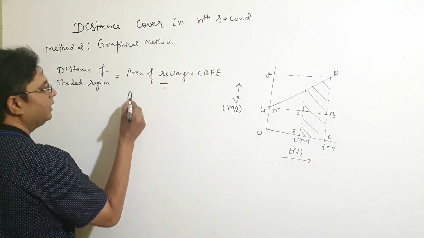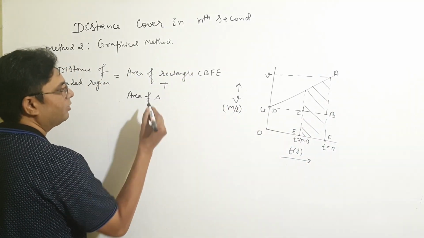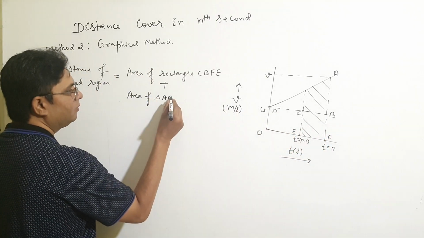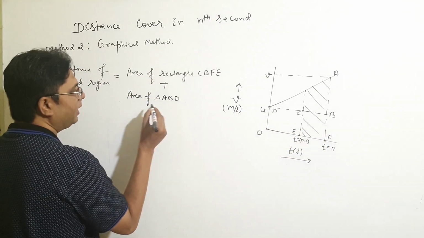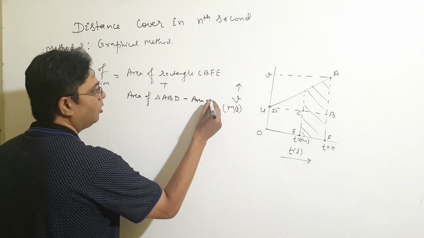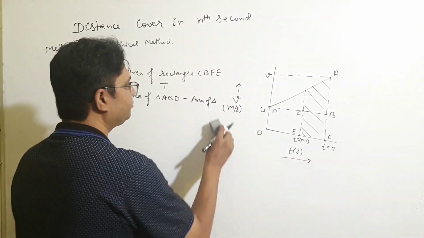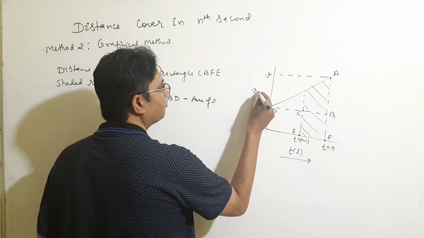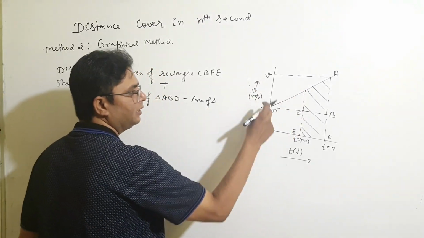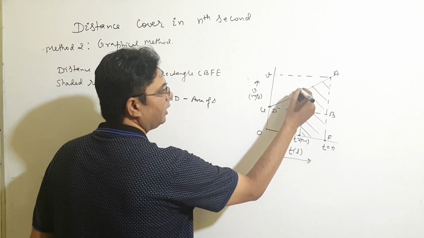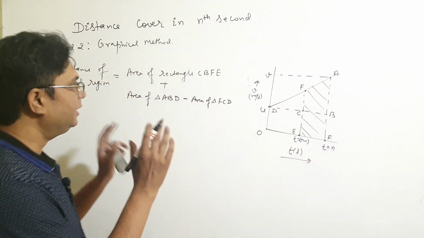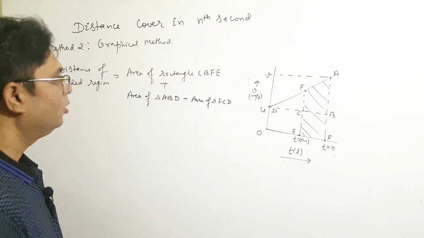So this is area of triangle ABD minus area of triangle, let this point be F here, so it is FCD. This is the area of the shaded region.